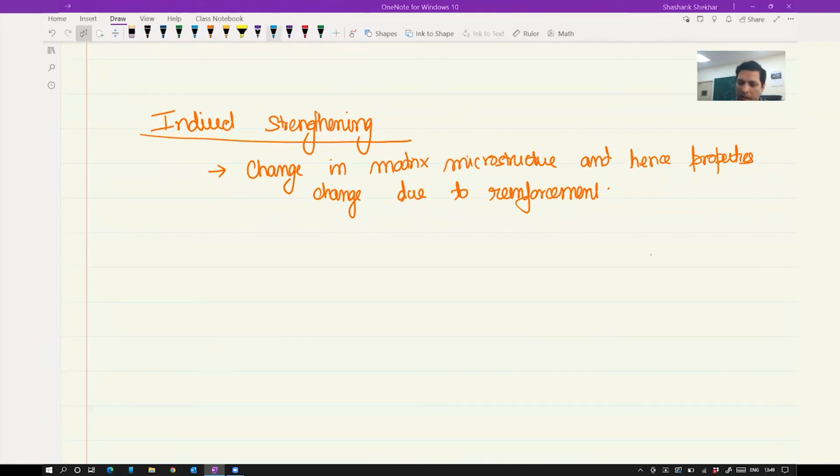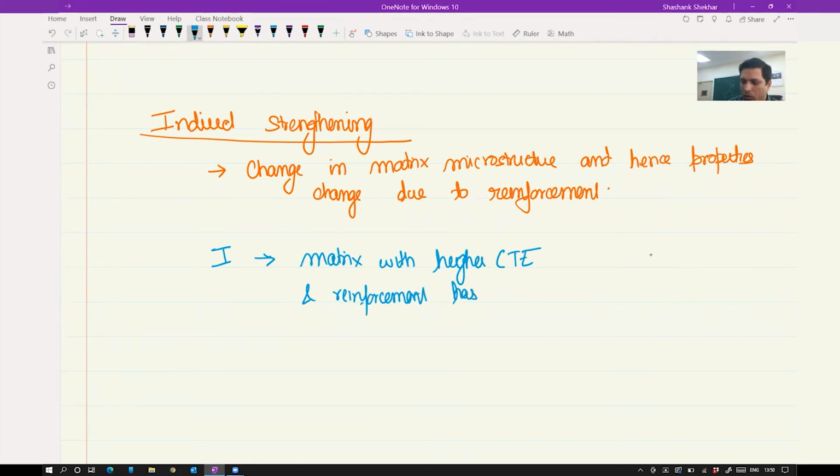This can be explained via two different routes, or two examples. Let's say in one case, your matrix has a higher CTE, or coefficient of thermal expansion, and the reinforcement has a lower CTE.